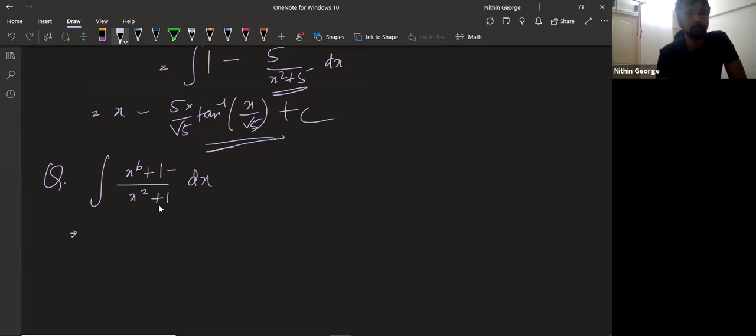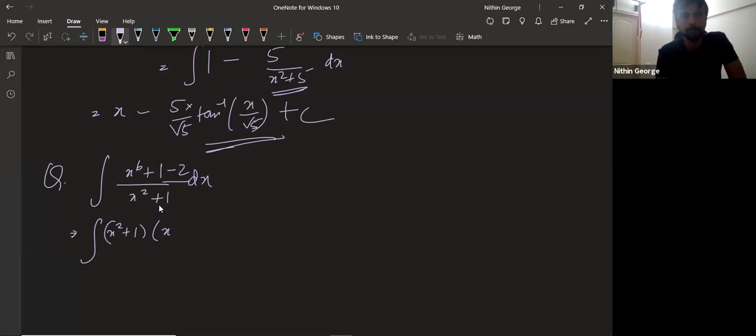This plus 1 minus 2. This minus 1. And then this becomes x square cubed plus 1 divided by x square plus 1.